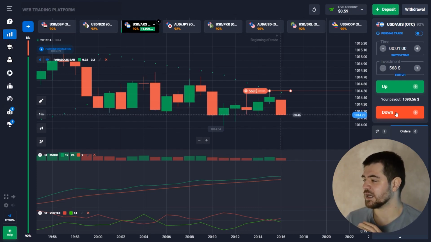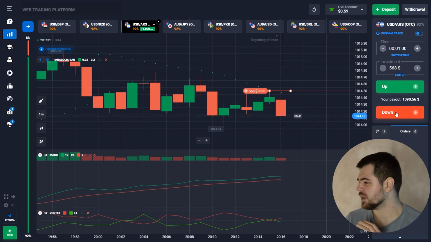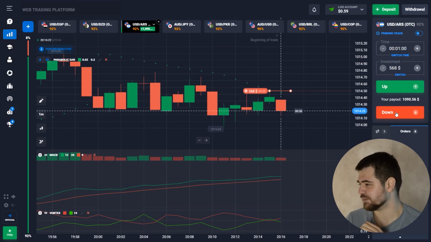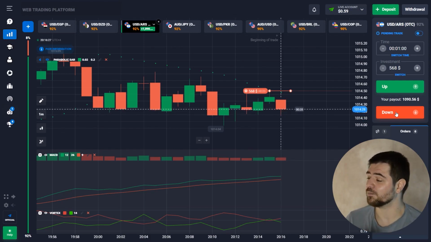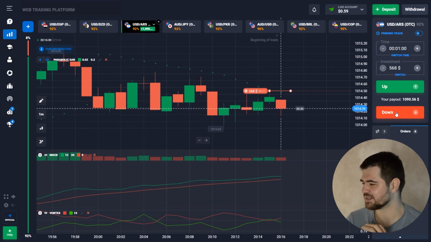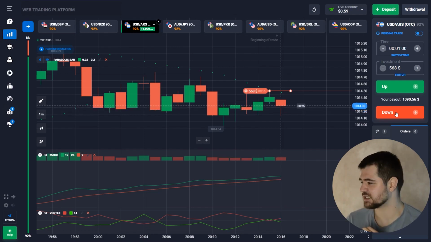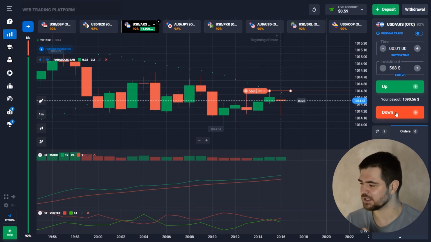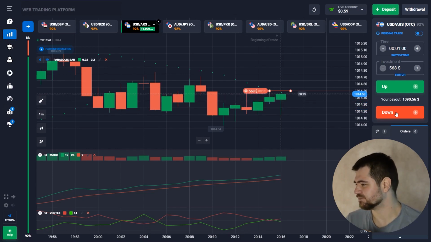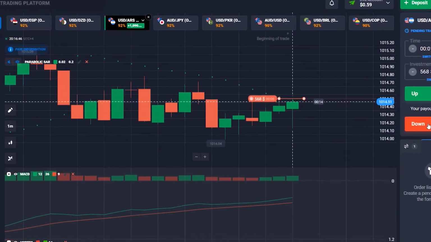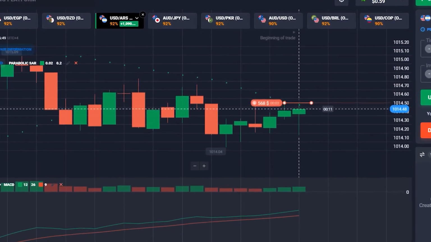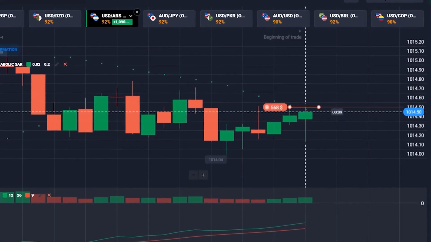And because MACD doesn't show much right now, it's kind of flat, a good representation of the graph. And then Vortex is not showing much either. At this point it shows, but it doesn't show much of the situation. Although it might start showing it soon, but right now that's that.